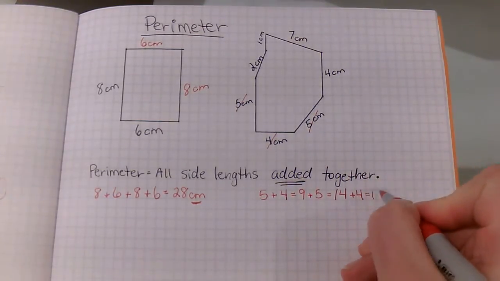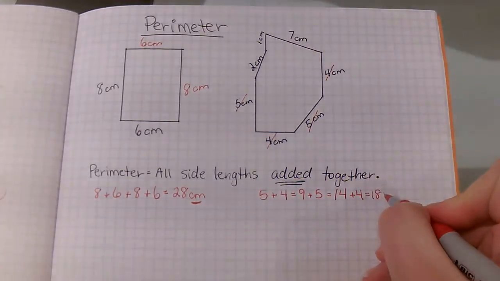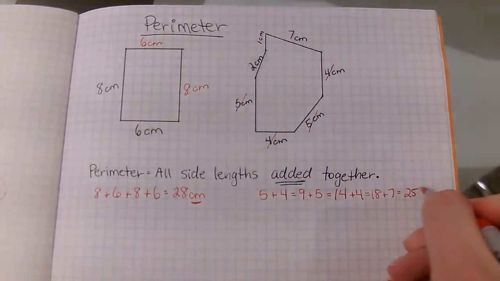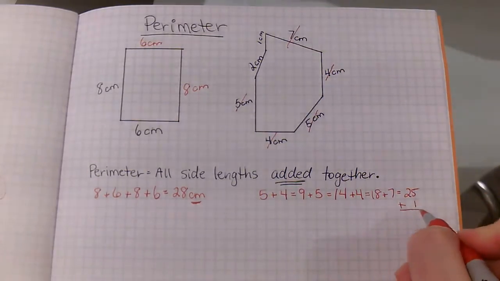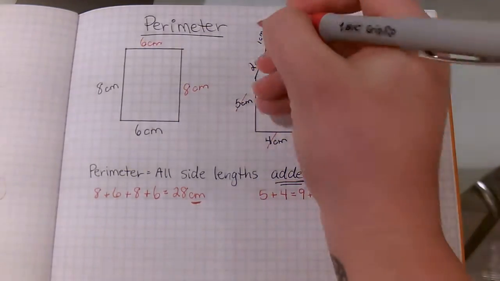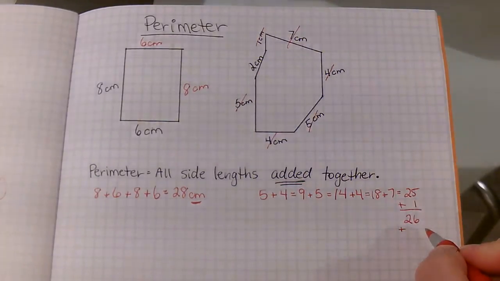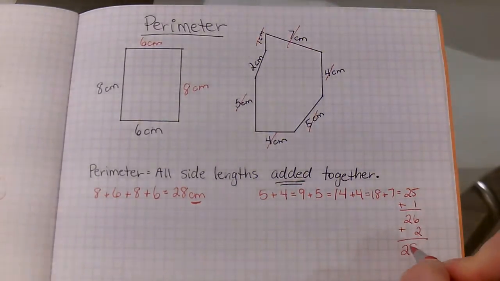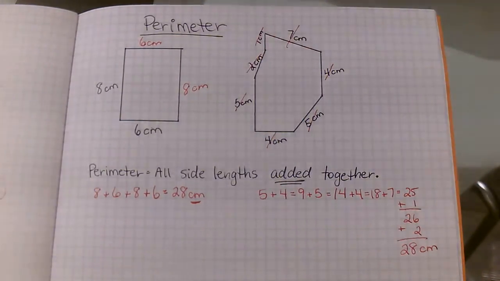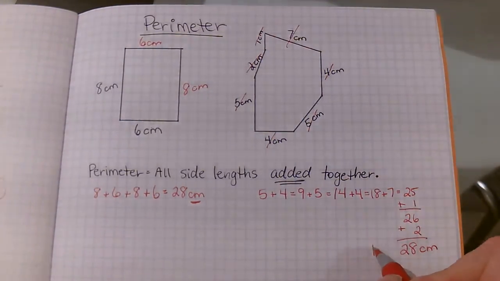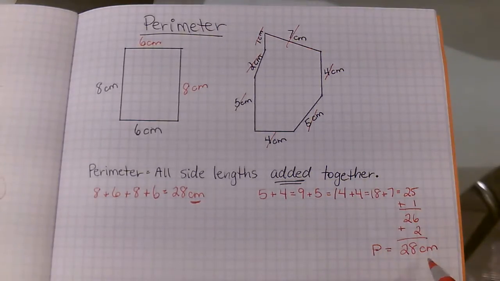Plus 4, plus 7, plus 1, just running out of room, so I'm just going to go down, plus 2, gives me 28 centimeters, okay? So you could write P for perimeter equals 28 centimeters if you choose.